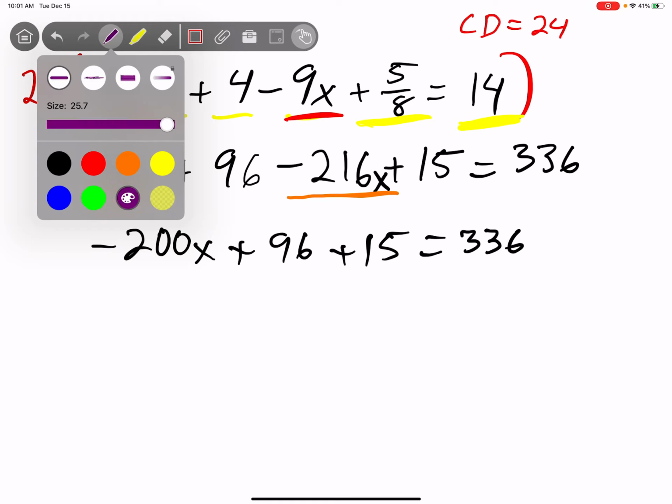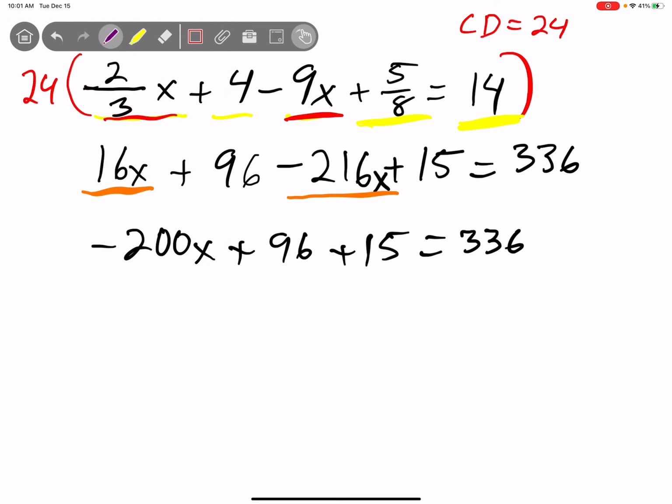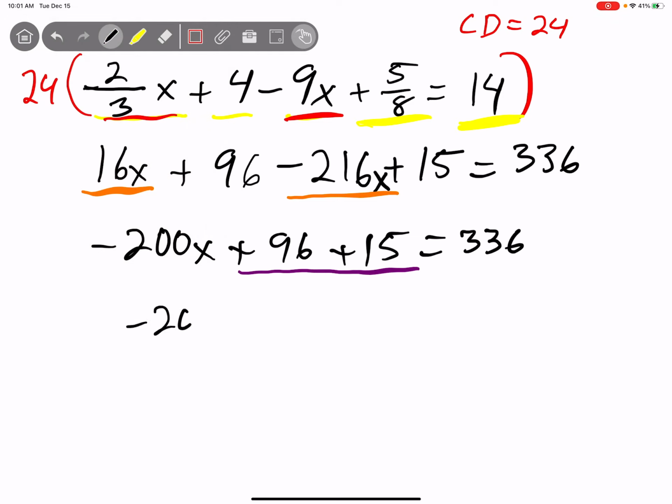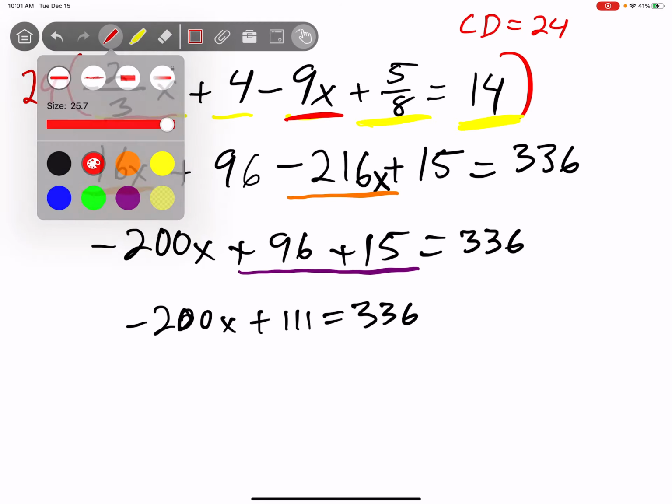And now I'm going to combine my constants of 96 and 15. And I get negative 200x plus 111 equals 336. And now I can solve this easily.